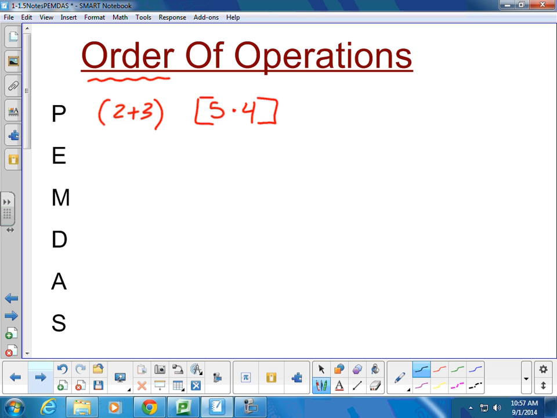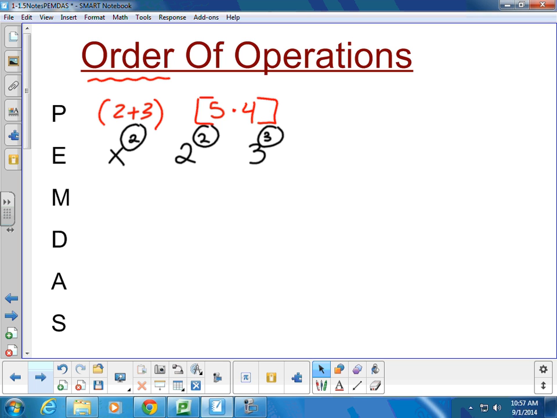Exponents are this little bit of number right at the top there. So you may have 2 squared, which really means 2 times 2. You may have 3 cubed, which means 3 times 3 times 3. Anytime you see that exponent, that tiny little number at the top, that would be the second step after you do what's in the parentheses.